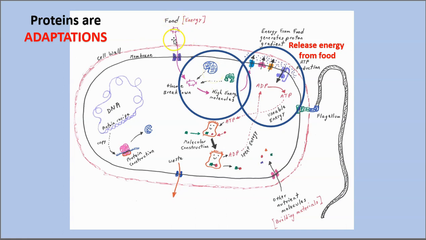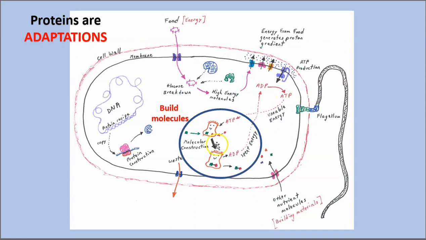So here's glucose entering the cell. There will be teams of proteins that break down glucose and release energy. Then other teams of proteins package that released energy into special molecules called ATP. This is a usable form of energy for the cell. And then there are teams of proteins that use the ATP energy to build other molecules that the cell needs.